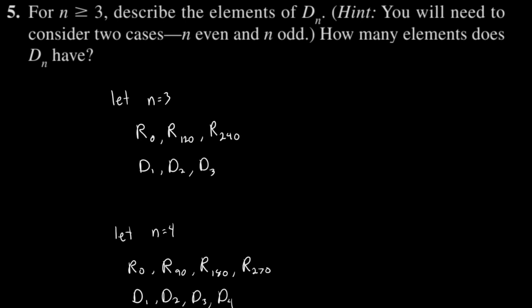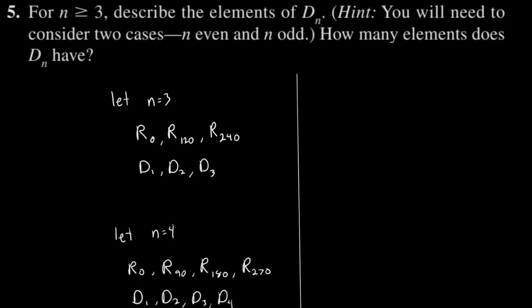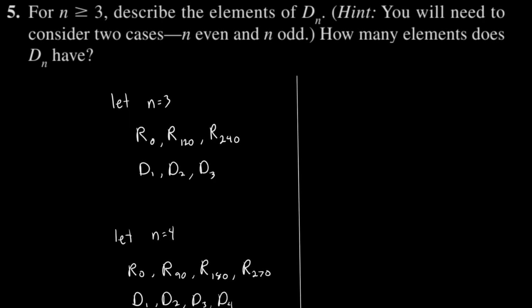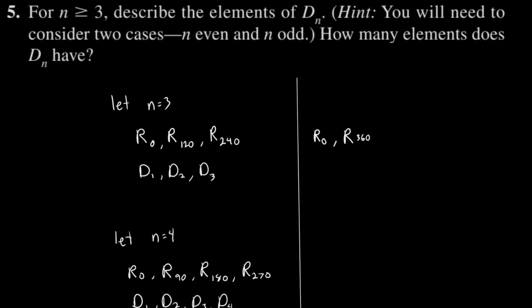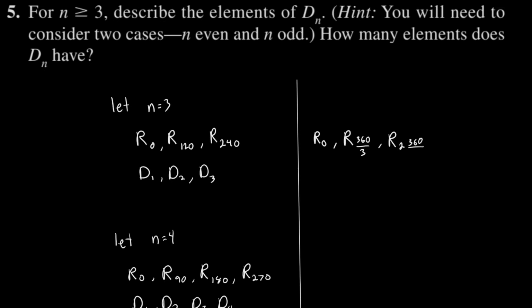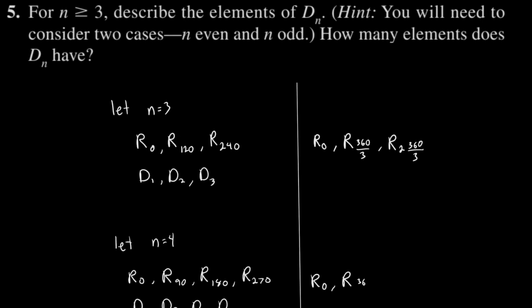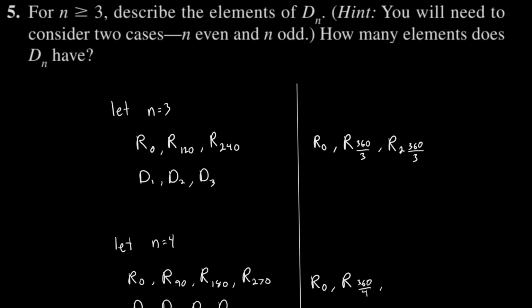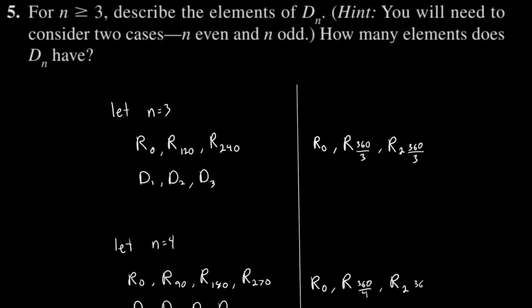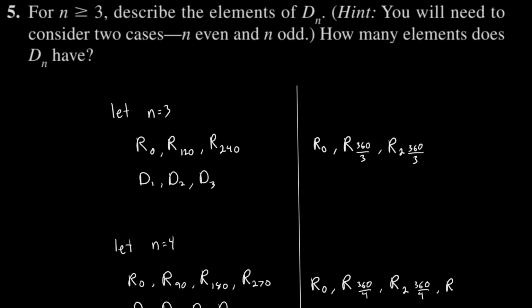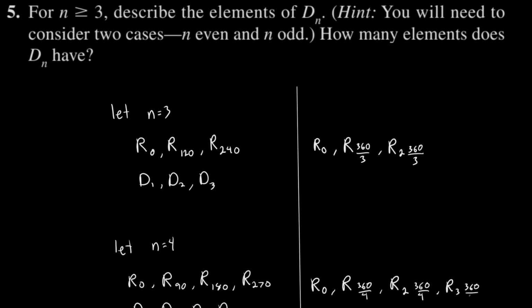Now what I'm going to do is rewrite the rotations on the right, but I'm going to write them in a way where you'll be able to sort of see a pattern. So first we'll have R0, then R360 over 3, and then R2 times 360 over 3. And then for n equals 4, we have R0, 360 over 4, 2 times 360 over 4, and 3 times 360 over 4.